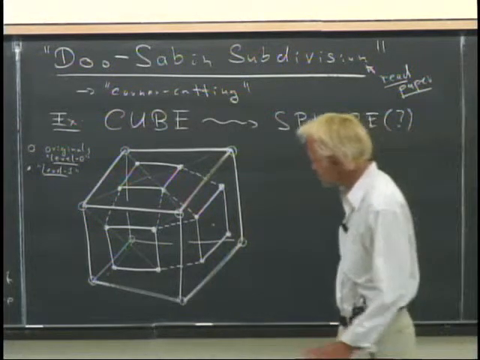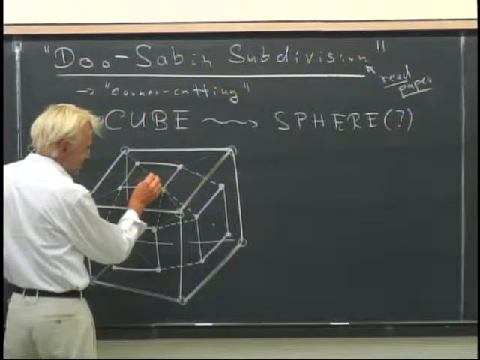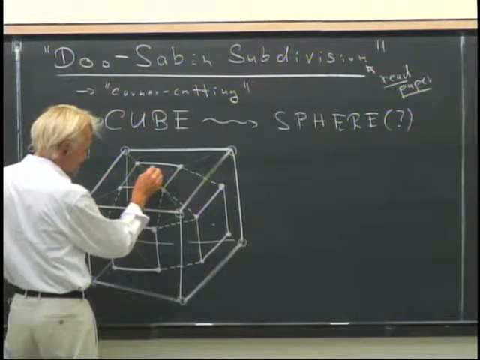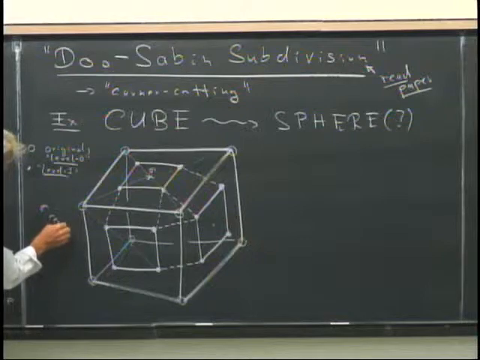Okay. Again, the intricate part of this is this was the centroid, right? C is the centroid of a face.